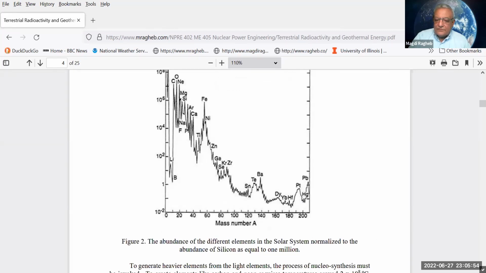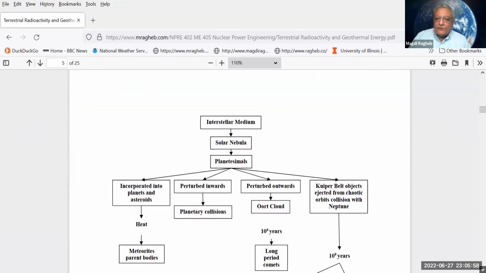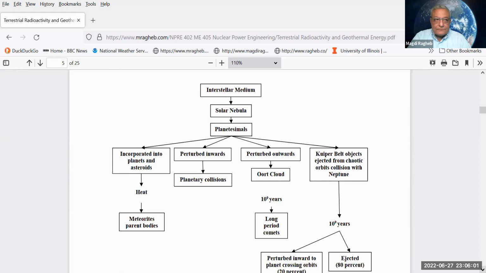The Earth is thought to have been formed in a cataclysmic event that happened 4.6 billion years ago.